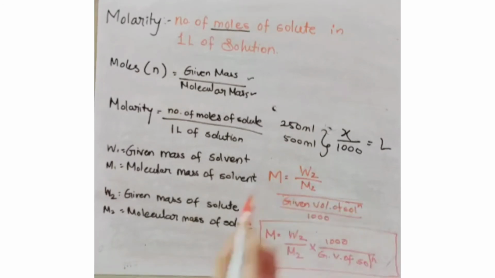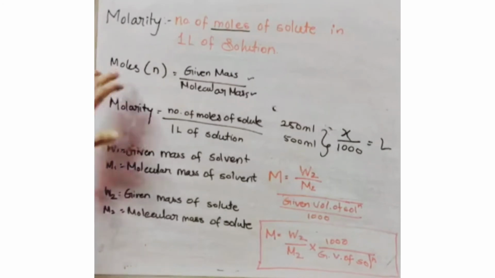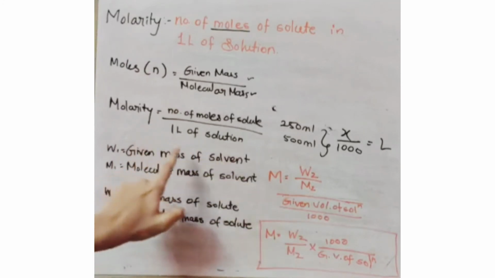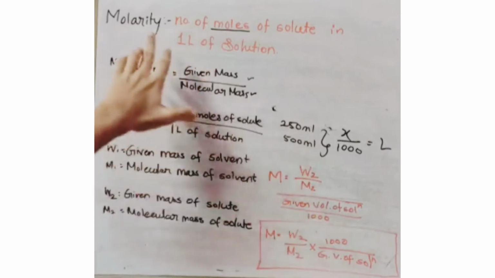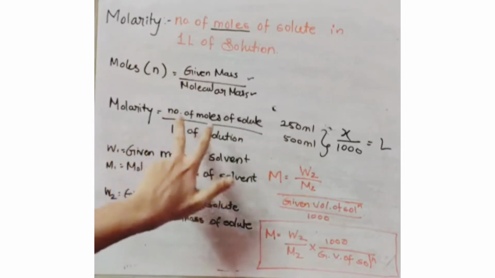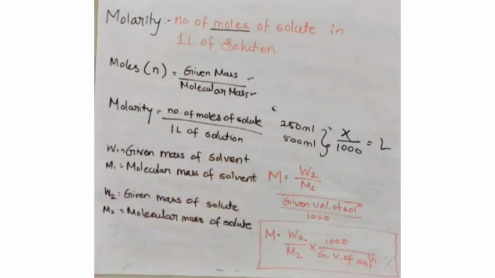Am I clear how we found this formula? First we found out what moles is. We have the formula for moles, that is given mass upon molecular mass. We should know the formula for molarity: number of moles of solute divided by 1 liter of solution, by definition. For the solute and the solution, I gave the denoted signs W2 and M2 as the given mass and molecular mass respectively.